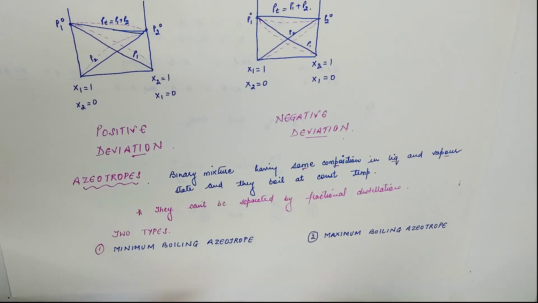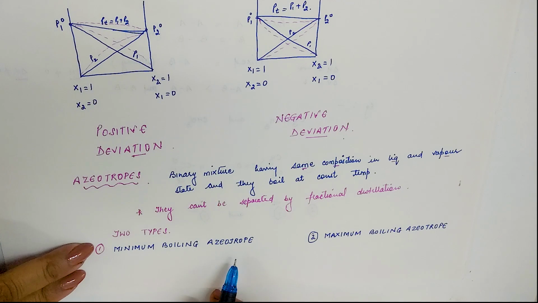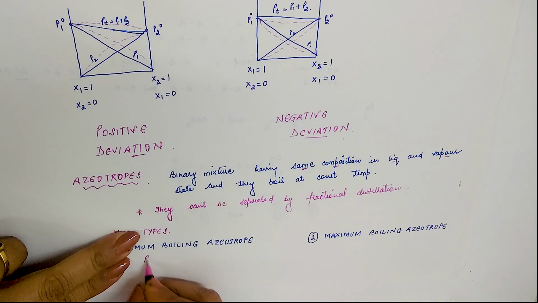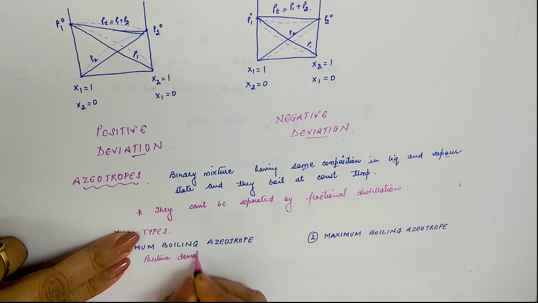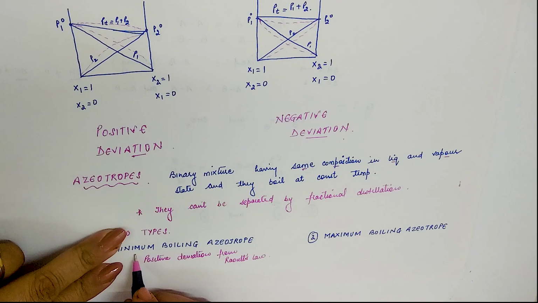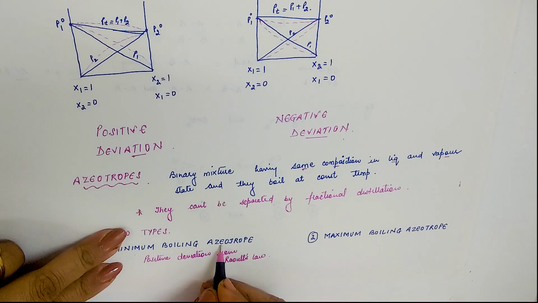Okay, now what does it mean? Minimum boiling azeotrope and maximum boiling. The one which shows positive deviation from Raoult's law, they are minimum boiling azeotrope. Okay, so the ones showing the positive deviation from Raoult's law, they are the minimum boiling azeotrope.